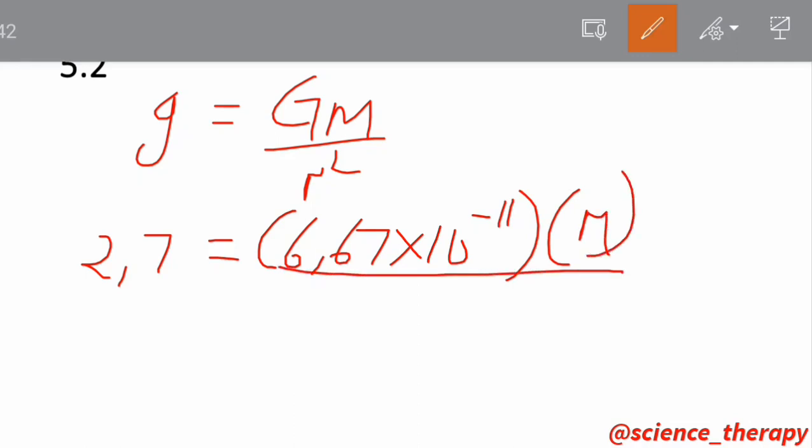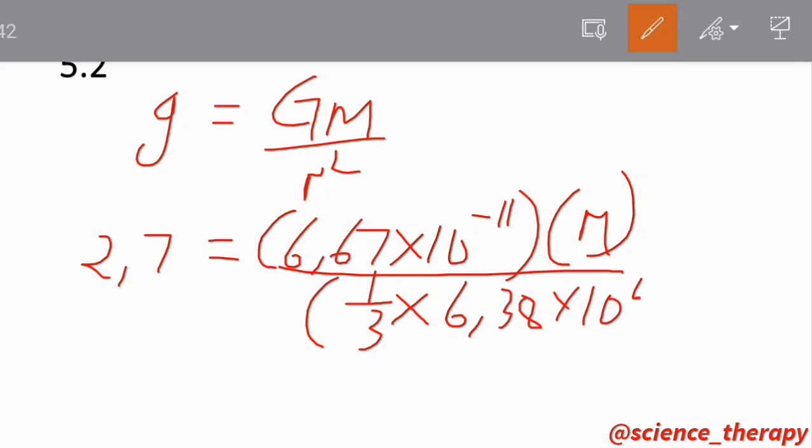Then we've been given the radius to be 1/3 of the radius of Earth. So it's 1/3, then the radius of Earth, we know it to be 6.38 times 10 to the power of 6, according to our data sheet.